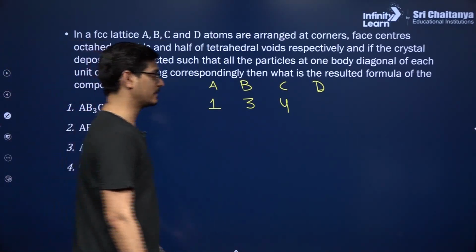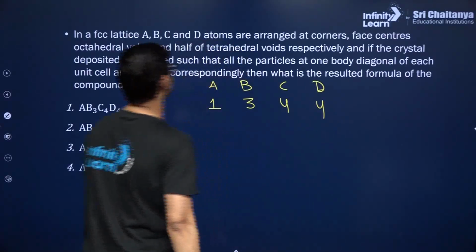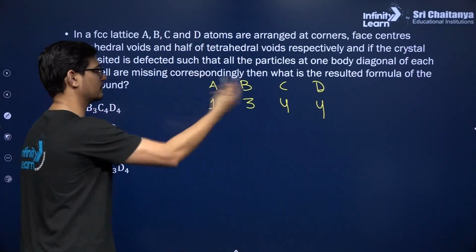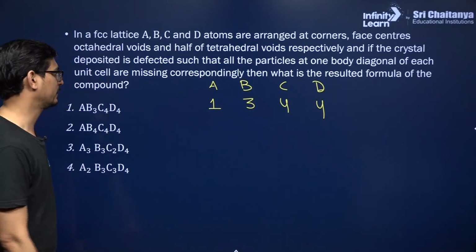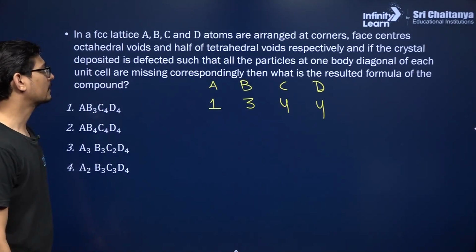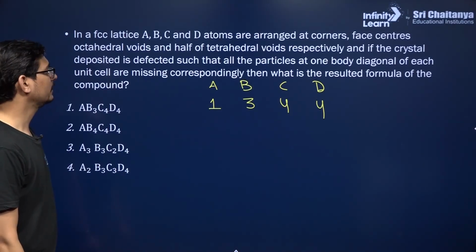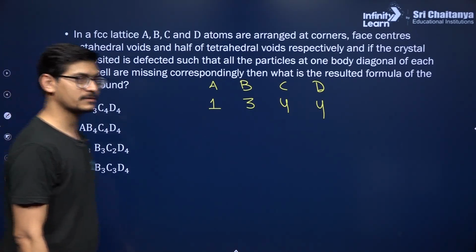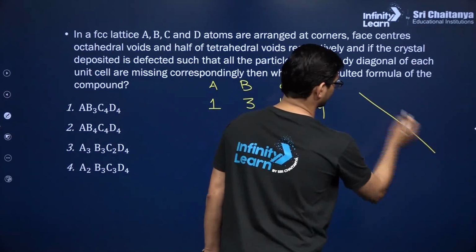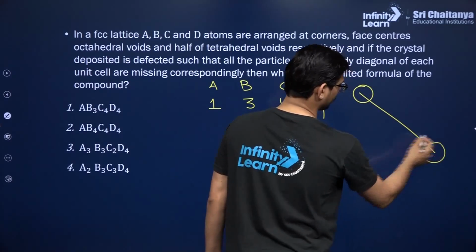We are assuming alternate tetrahedral voids, so there are 4, because tetrahedral voids are double of 4, that is 8, so half of 8 is 4. Now if the crystal is deposited in such a way that the particles at one body diagonal of each unit cell are missing, so at one body diagonal, remember 2 of the corner particles will go.